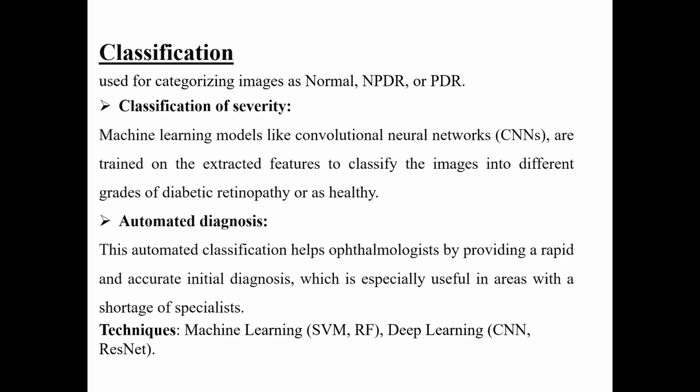When it comes to automatic diagnosis, this automated classification helps the ophthalmologists by providing a rapid and accurate initial diagnosis, which is especially useful in areas where there is a shortage of specialists. The techniques used are machine learning, in which we have SVM, random forest, and various other approaches, and in deep learning, CNN and ResNet.